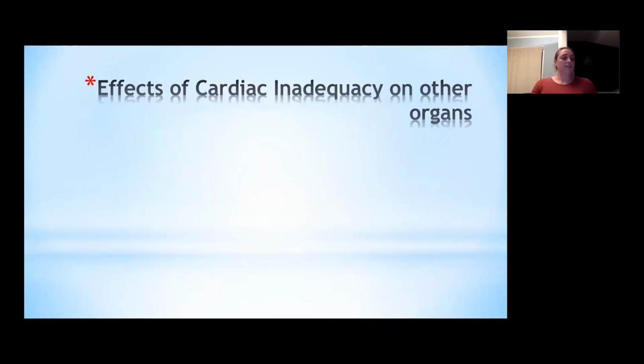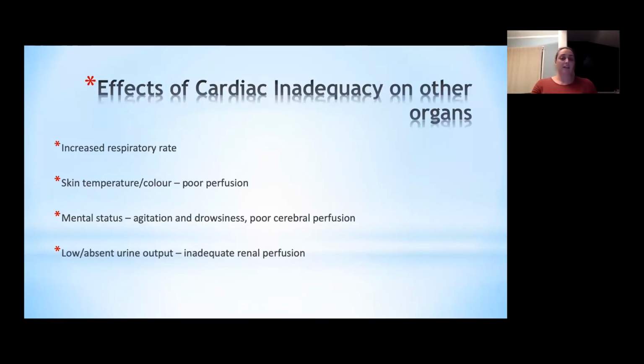So the effects that cardiac inadequacy can have on other organs: they'll initially increase their respiratory rate, because this helps them get oxygen around the body to meet demand. Their skin temperature and colour, so they'll start to get quite poor perfusion peripherally, because they'll shunt everything to their major organs so that you can perfuse your heart, your lungs, your brain.